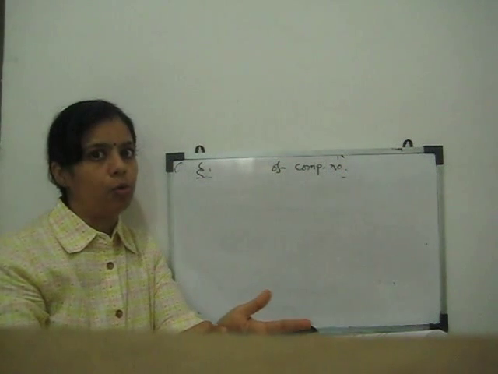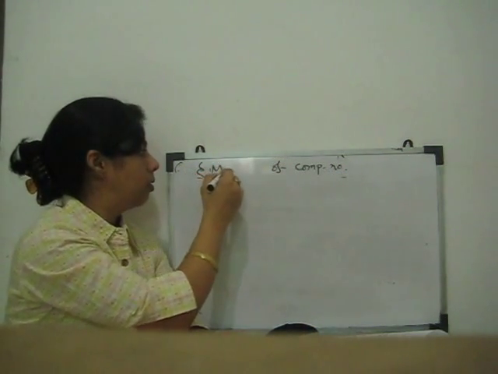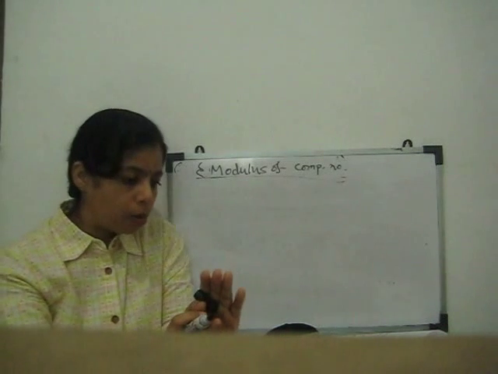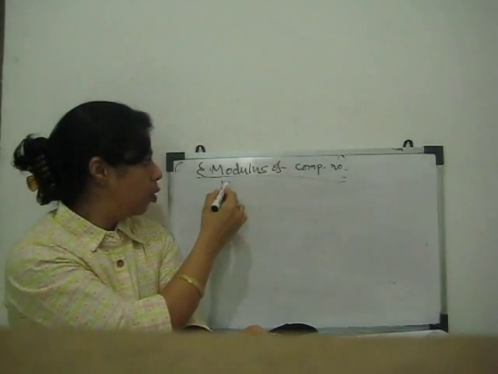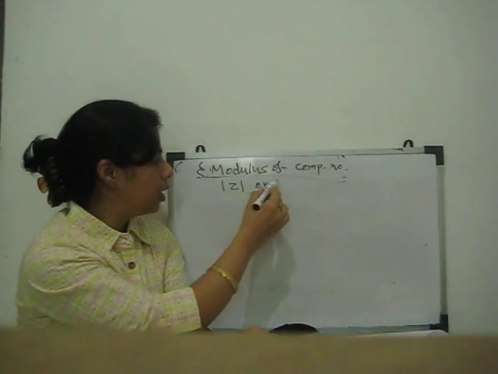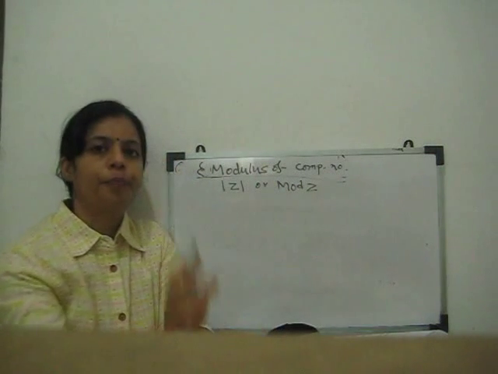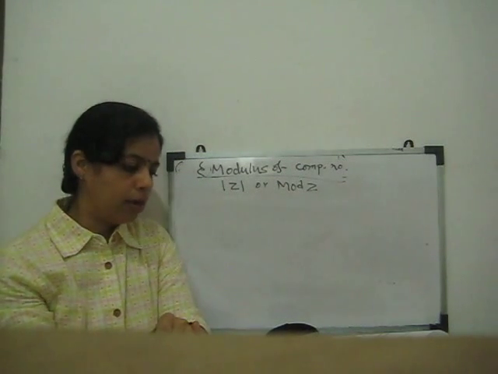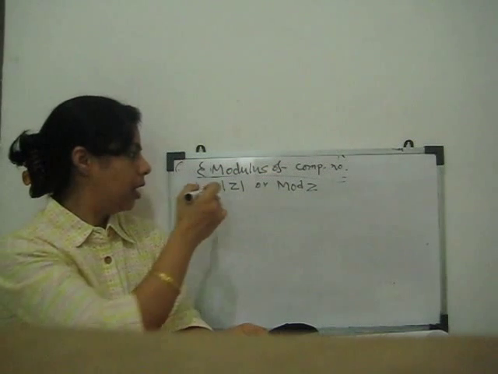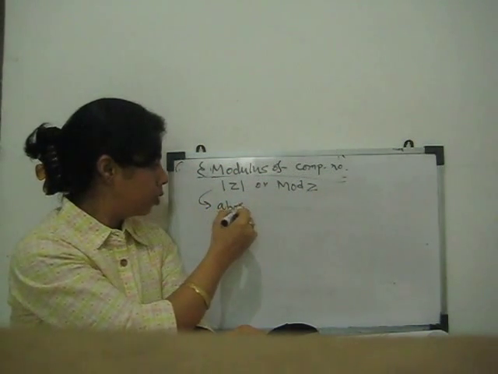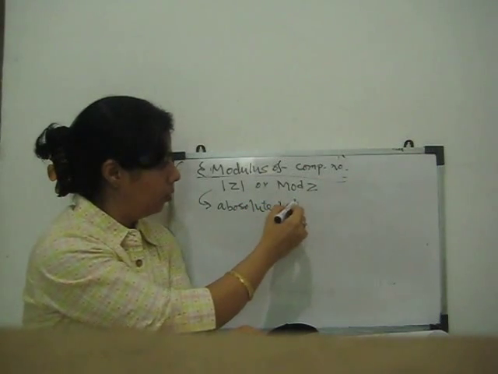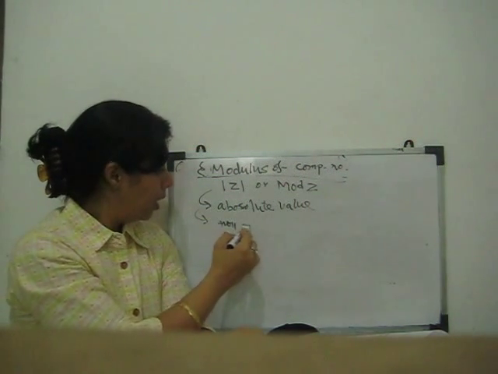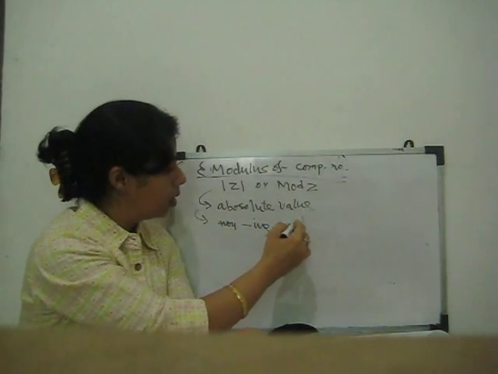In the case of a complex number, the modulus of z is the absolute value of the complex number, defined as a non-negative real number.